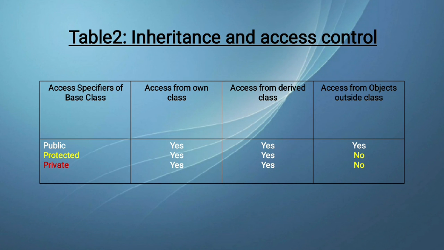Access from objects outside the class is also yes: the object can directly access and initialize the members, not through a member function. When the base class is protected, its own class can access it, and the derived class can also access it, but objects outside the class are not able to access it. So the object cannot access the protected members.